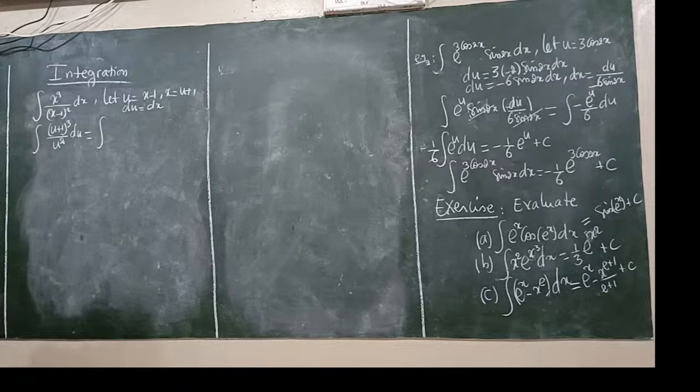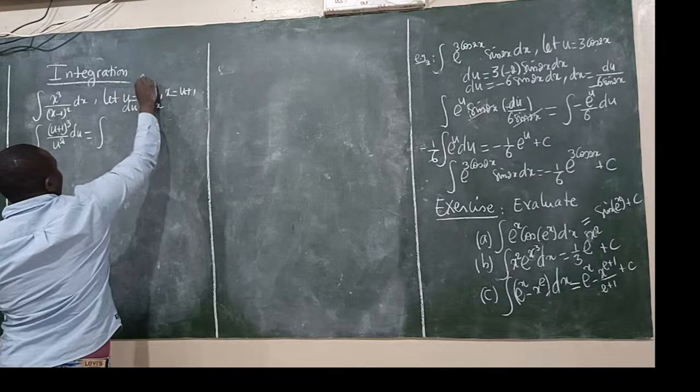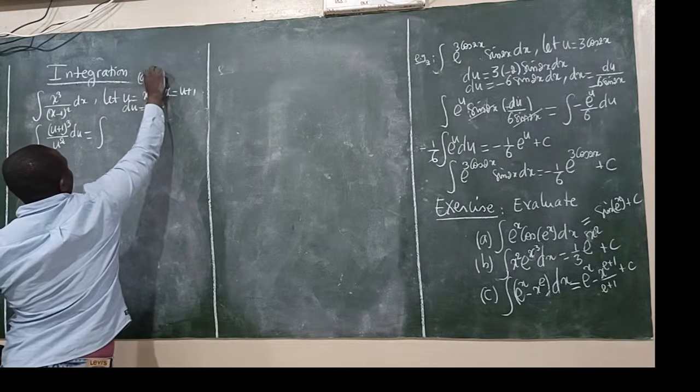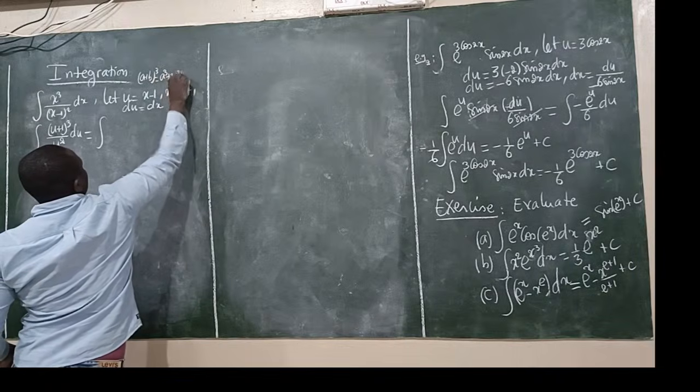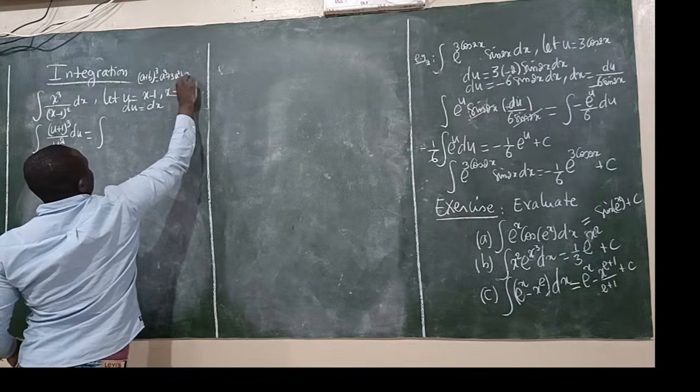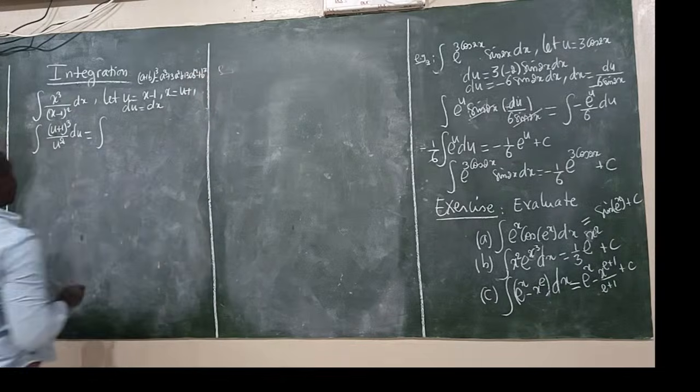This is the integral of, as you see, here we have (u + 1)^3. We know (a + b)^3 is a^3 + 3a^2 b + 3ab^2 + b^3.